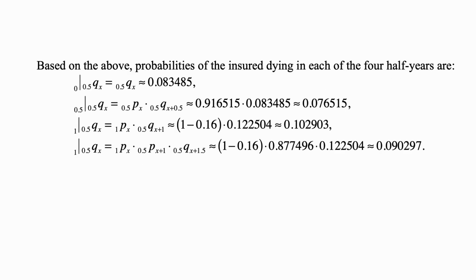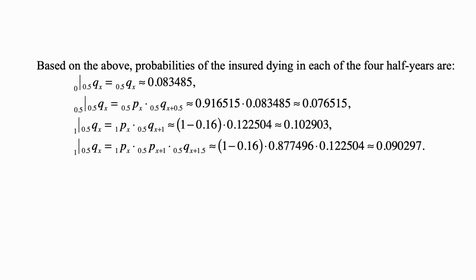Based on the above, probabilities of the insured dying in each of the 4 half years are as follows. Deferred by 0 years, 0.5 qx, it's approximately 0.083485. Deferred by 0.5 years, 0.5 qx is 0.5 px times 0.5 qx plus 0.5, so it's 0.916515 times 0.083485.